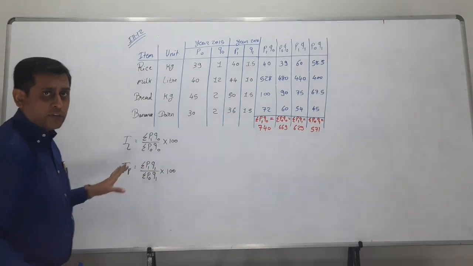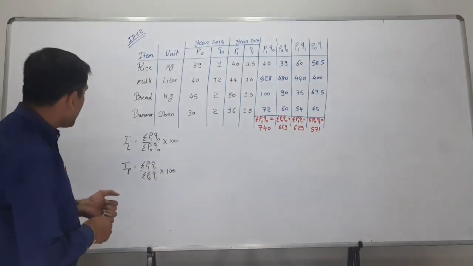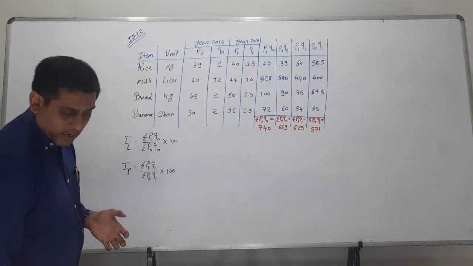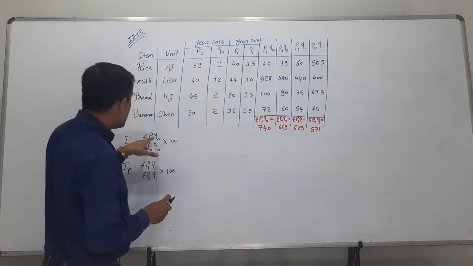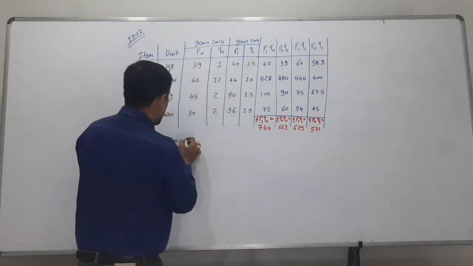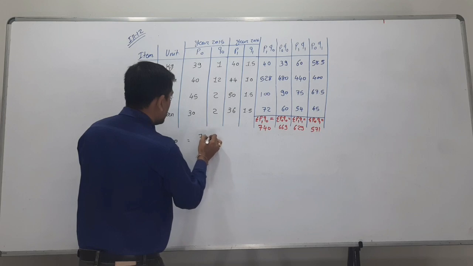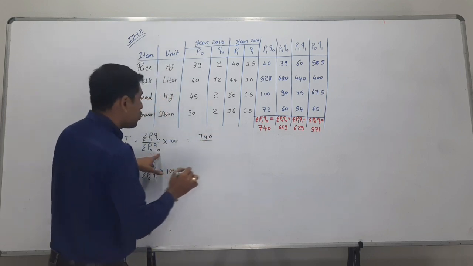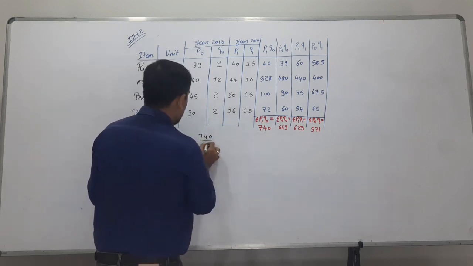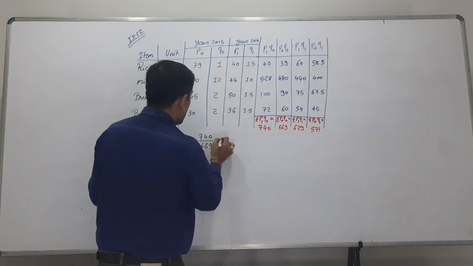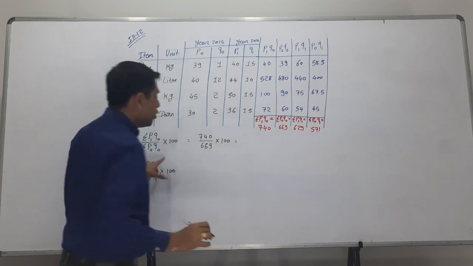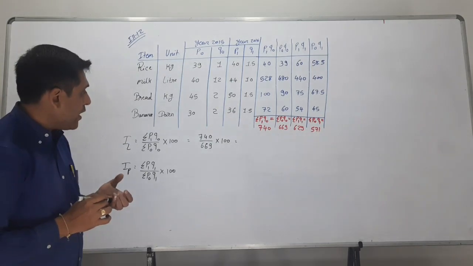It is now easy. First of all, I am writing IL is equal to sigma P1 Q0, 740, divided by sigma P0 Q0, 669, into 100. So multiply and divide in your calculator.